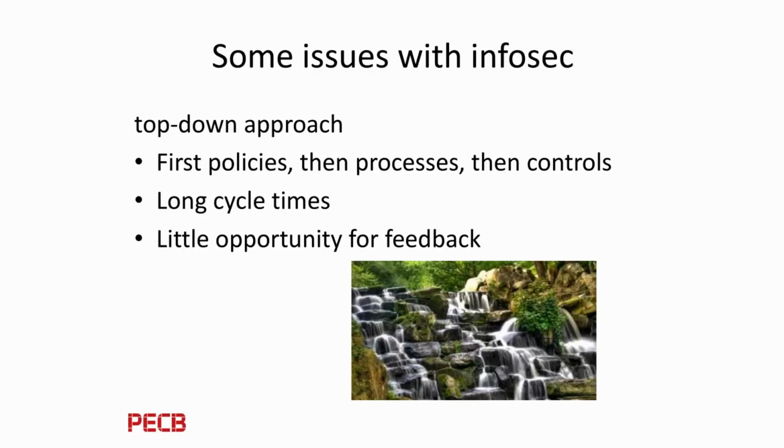A lot of the frameworks and tools that we use are still based on a sort of top-down approach. They look at the policies, then try to define processes, and from those processes they define security controls and security measures, most of the time in a very generic way.